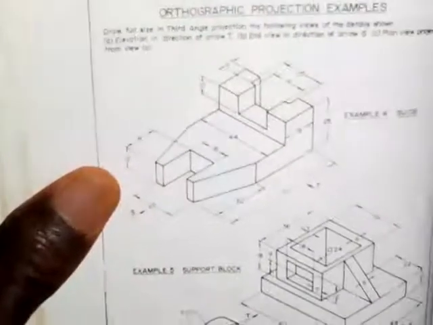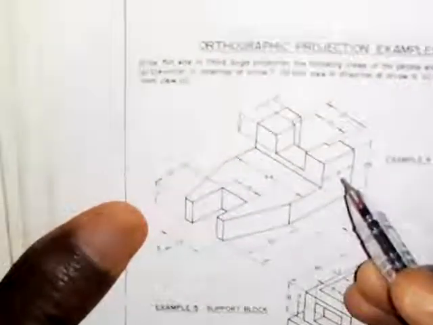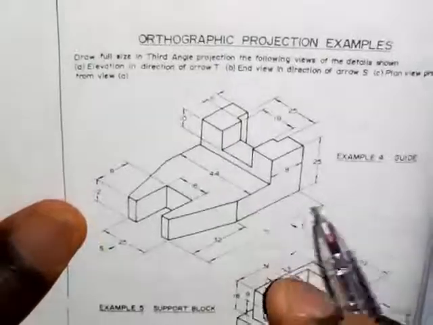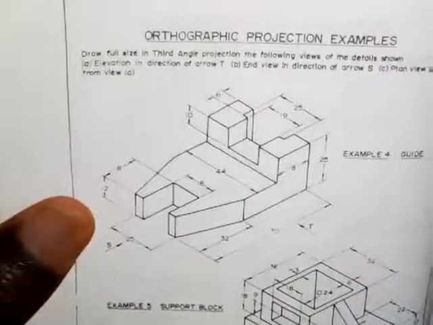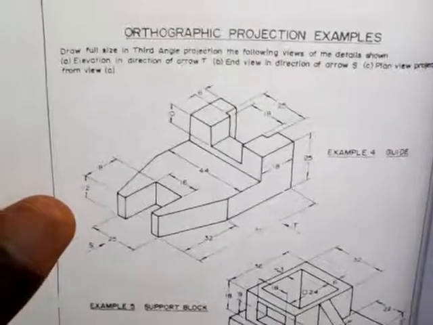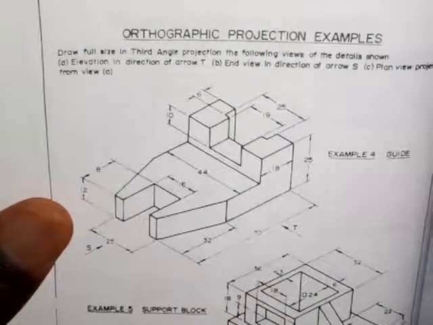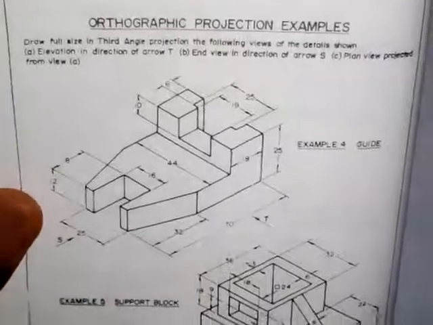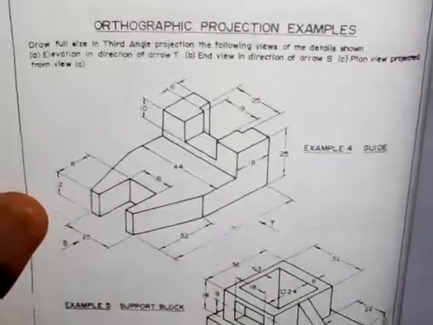Let me read the instruction so that we know what we have to do. I have solved those on page 52 of this same textbook, which has to do with the drawing of the orthographic views of those objects in first angle projection.